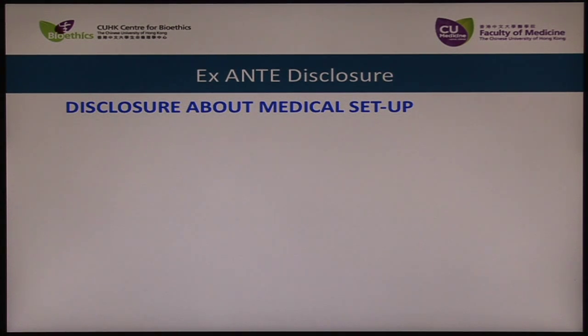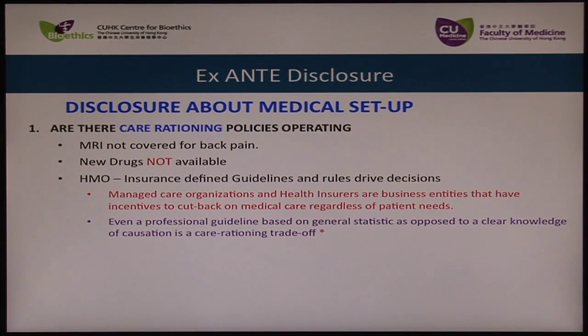Disclosure about medical setup is important, because again, if you conceptualize this as an emergent medical risk, maybe you have a hospital that suddenly does not have an MRI. It's not functioning. Patients have a right to know. And therefore, some of the things that have been discussed are care rationing policies.